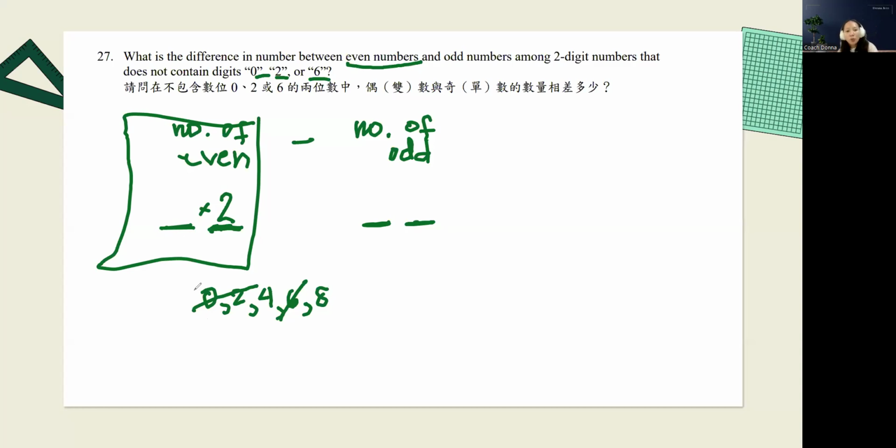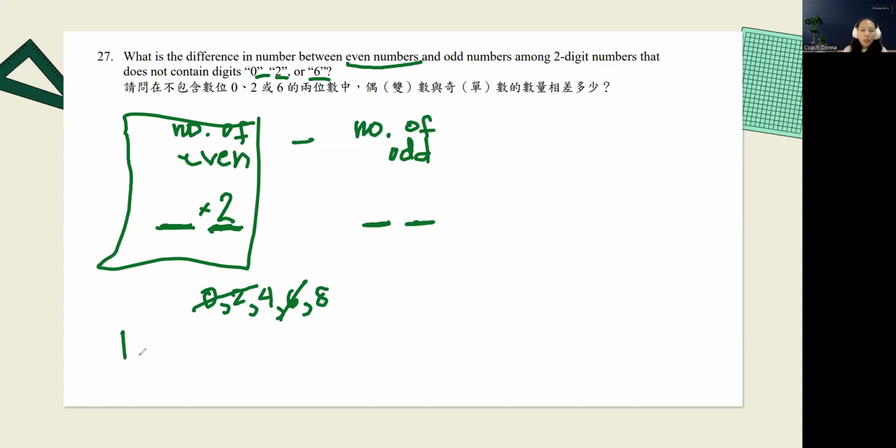Let's list down the possible numbers for the first part. We cannot use a 0 in the tens place, or else that would be a 1-digit number.